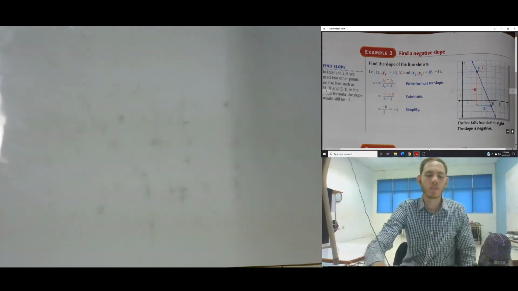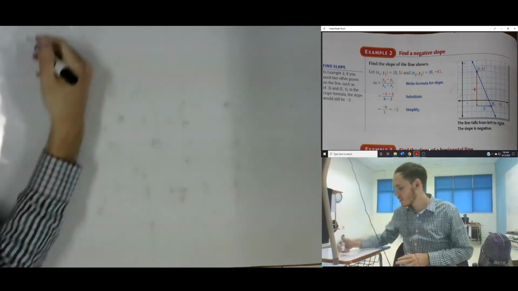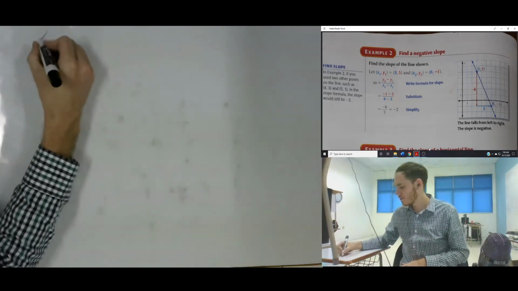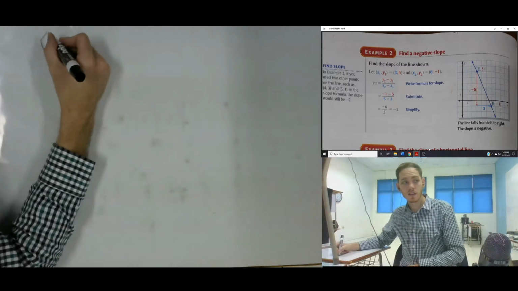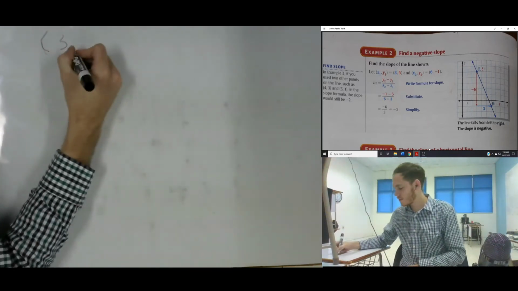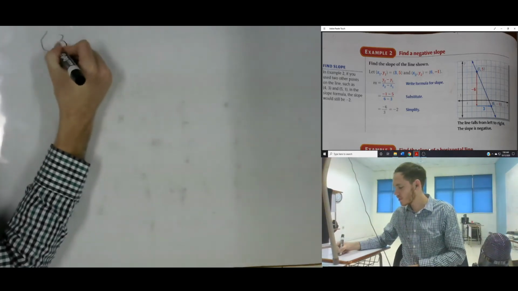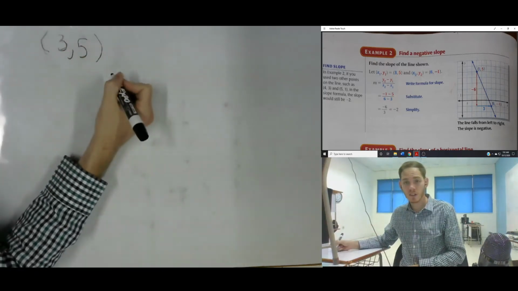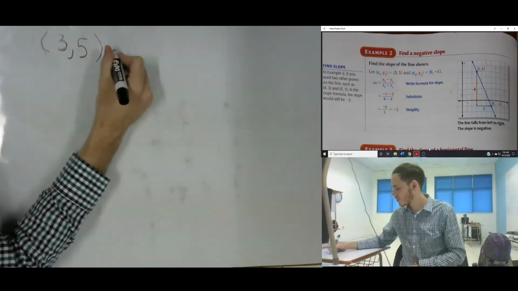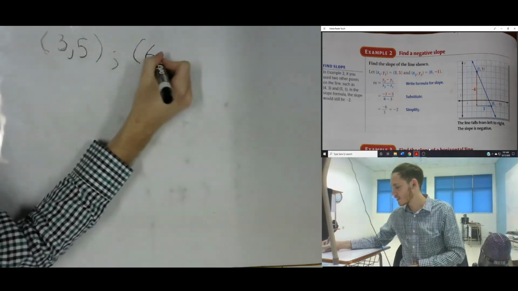So, we've got to find the slope of this line. I'm just going to show you the points. First point is (3, 5). Our second point is (6, negative 1).